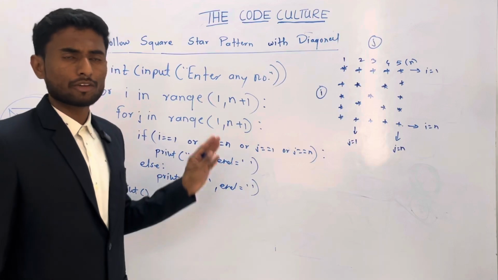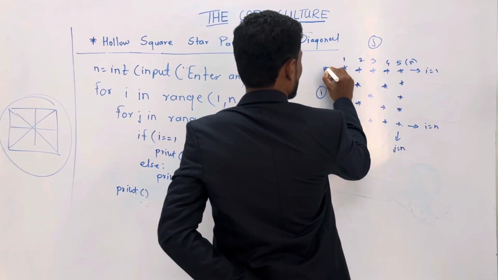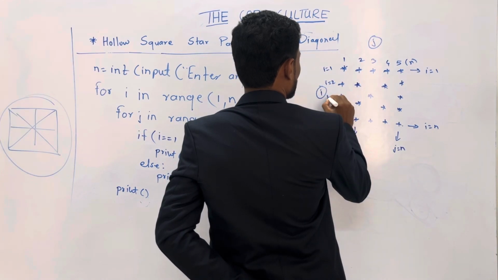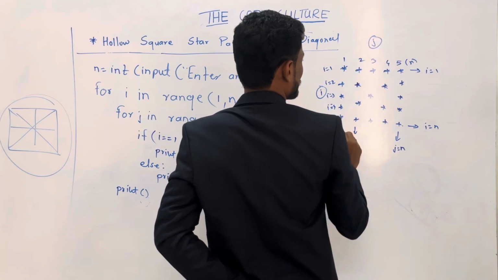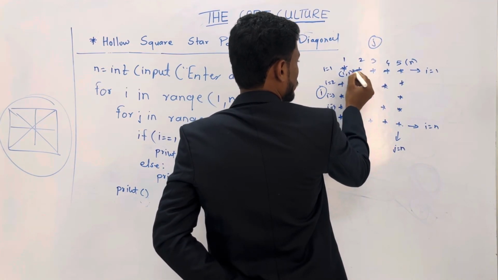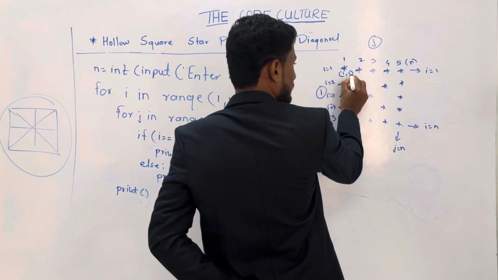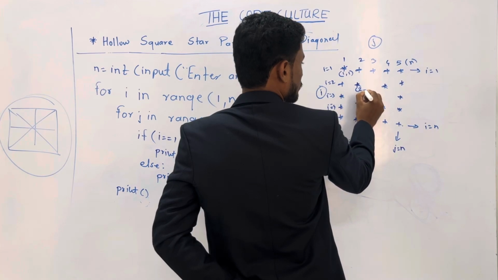So how can you find the equation? First see, this is i equals 1, this is i equals 2, i equals 3, i equals 4, just the i values, and these are the j values. Now what are the coordinates for this star? 1 comma 1, that is the first i value and then the j value.